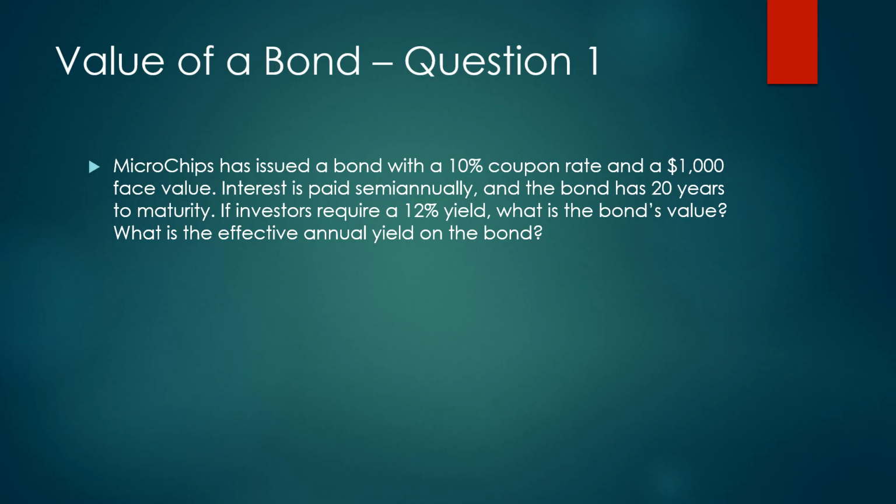Well, first of all, we have kind of a hint. We have the face value is 1,000, but we have the coupon rate of 10%, and we have the required 12% yield. The yield is higher than the coupon rate. This implies that the price is going to be less than $1,000.